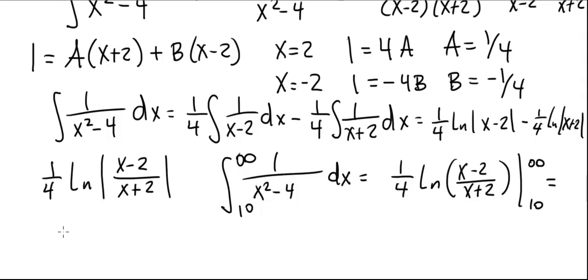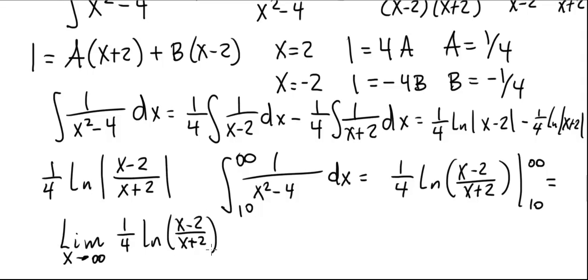This is equal to the limit as x goes to infinity of 1/4 natural log of x minus 2 divided by x plus 2, and then minus 1/4 times natural log of 10 minus 2, which is 8, divided by 10 plus 2, which is 12.